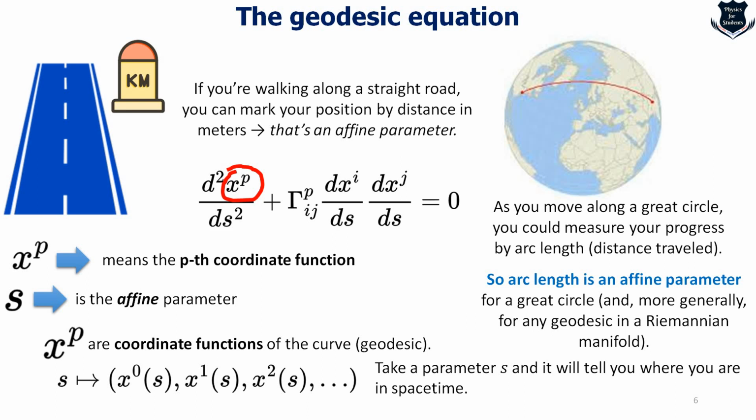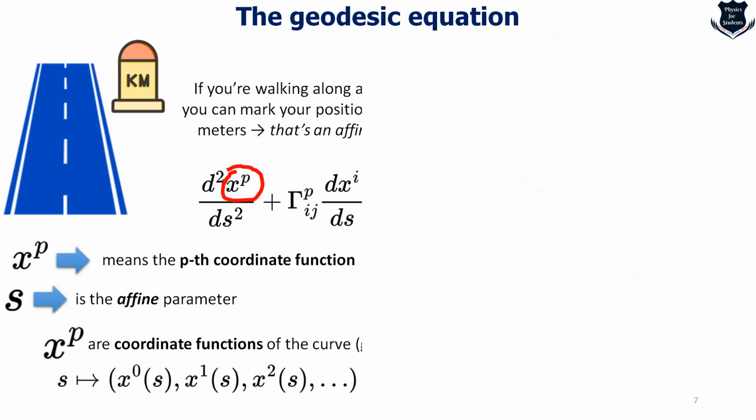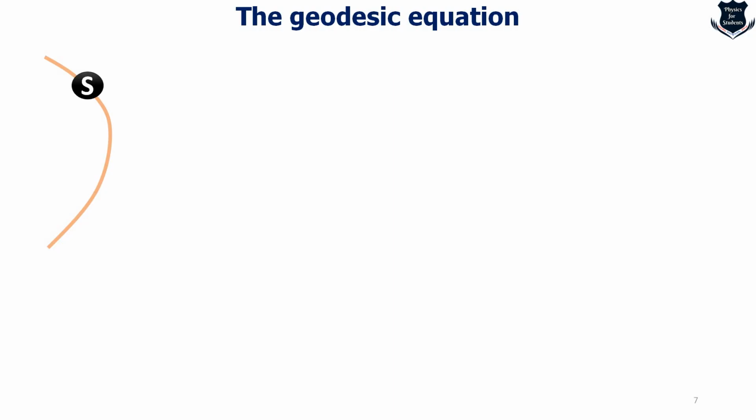Now let me give you a visual example which will make things even clearer. Here you can see this is a curve, and I have taken a parameter, for example this S, and I move along this. It curves, takes this shape and comes over here. Again, if I go back, it takes the same animation. So what is happening here?